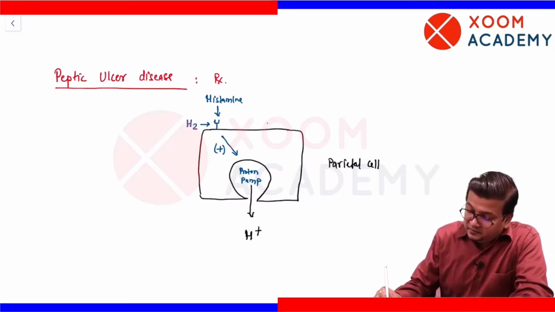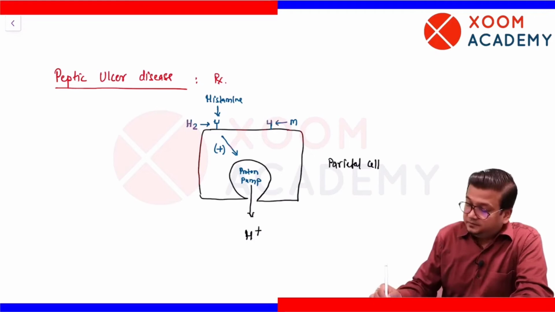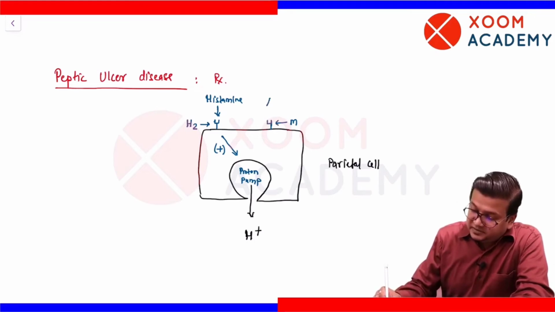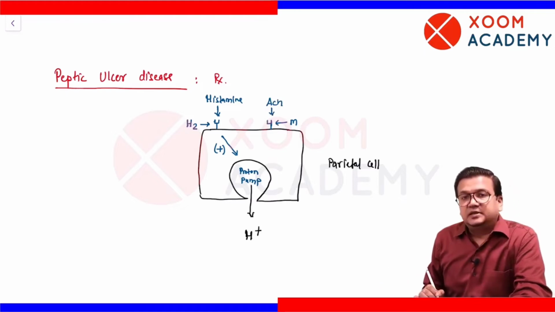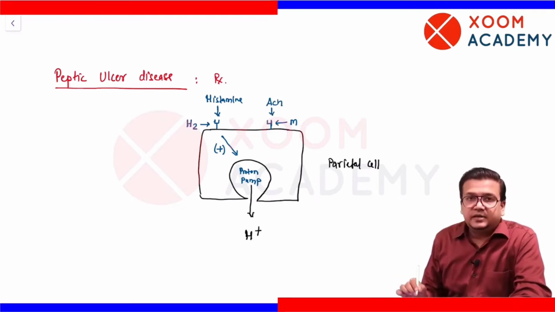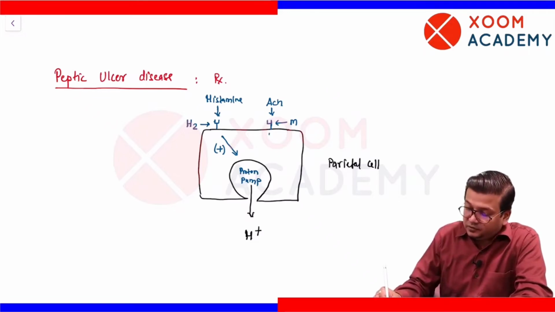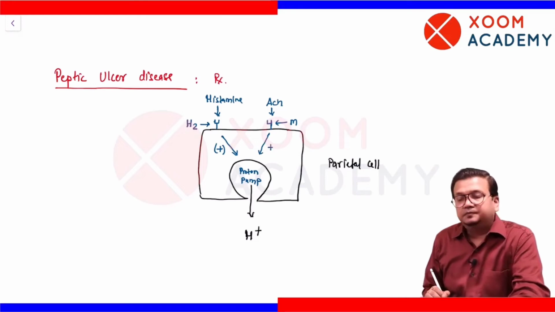Then we have another type of receptor on the parietal cell. This is the muscarinic receptor, and the muscarinic receptor is stimulated by acetylcholine, and that will also stimulate acid secretion.